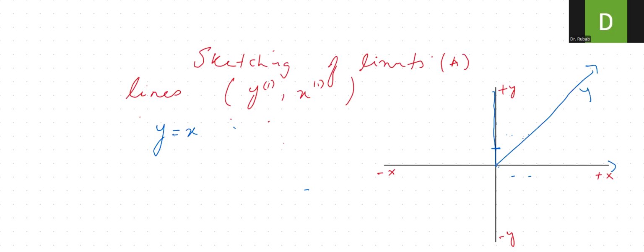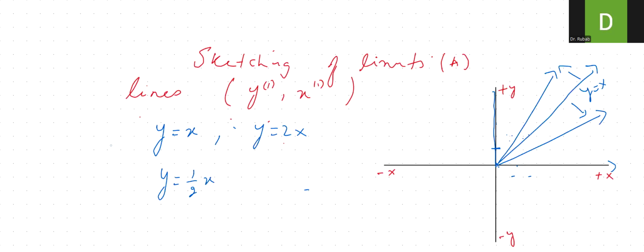So if you want to move this line in the upward direction, to stretch it here, you will write y = 2x, because when x is 1, y is 2, and it will stretch in this direction. If you want to stretch it in the downward direction, you can write y = 1/2 x. It will stretch in this direction, right? So this is the third type of line, the inclined line.